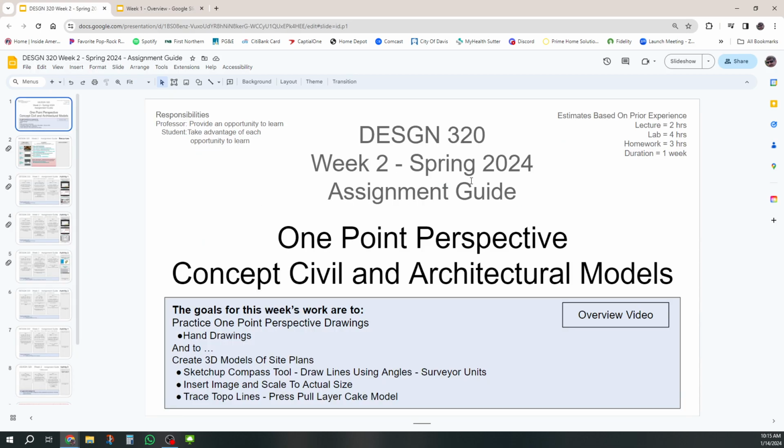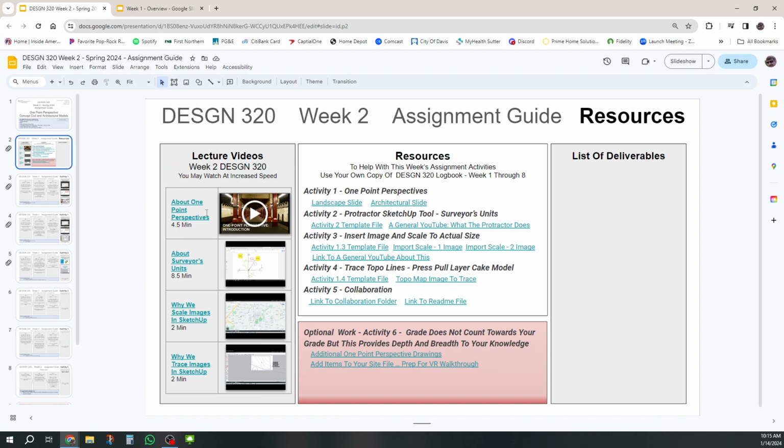In the assignment guide, on the resource page, there are some lectures. Okay, there's what is that? 13, 15, about between 15 and 20 minutes. If you put that onto fast speed as you're watching those, you're down to 8 to 10 minutes of lecture.